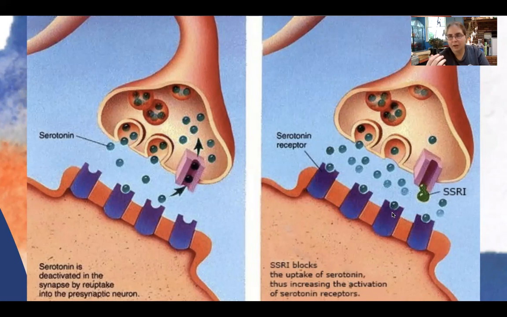Or if not all the receptors are working, then you have more time where the existing serotonin can take turns re-stimulating the working receptors over and over and over before the SSRI leaves, and then they can finally be reabsorbed back in. So in other words, it allows the serotonin more time with the receptors in order to finally generate that normal happy feeling before it gets reabsorbed.